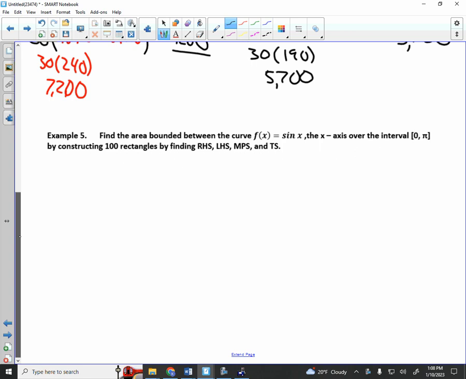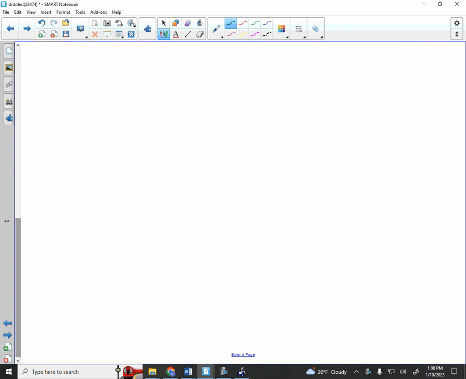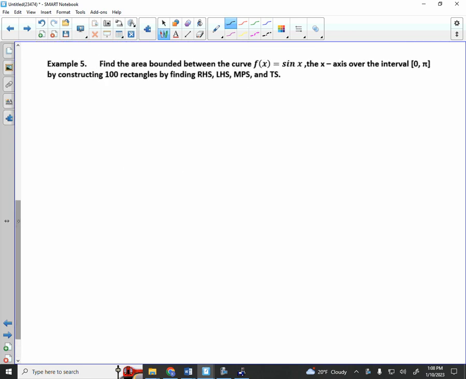Okay, here we are. We have the following problem. It says find the area bounded between the curve sine of x, the x-axis, over the interval 0 to pi. Can somebody tell me what they remember about the graph of sine of x? Starts in the middle, goes up to 1, drops back down to 0, then down, and then over to 0 again. How long does it take to do that?